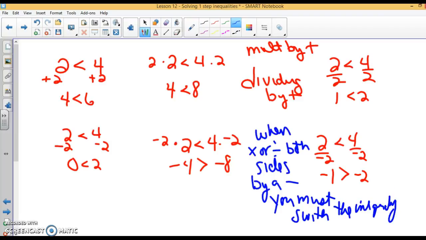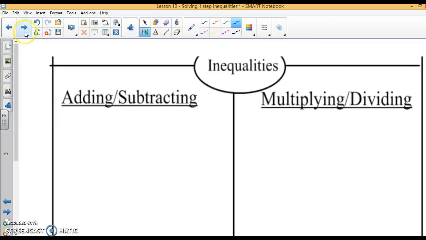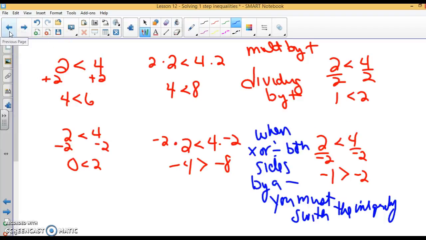Now, pause this and write that in that box. We're on page 16 in your notes. So, the key is when you multiply or divide both sides by a negative, you need to switch the inequality. Solving inequalities is just like solving equations, except that point. When you multiply or divide by a negative, you need to switch it.